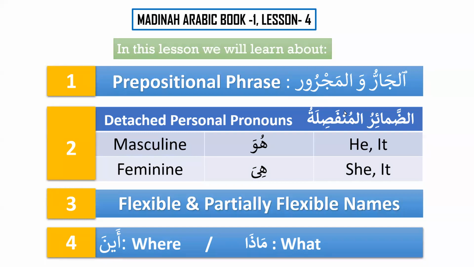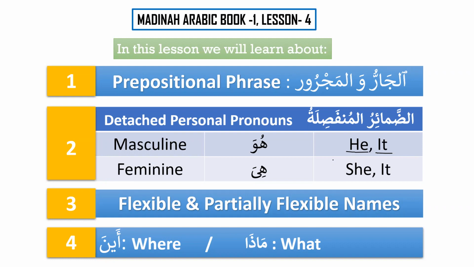Then we will learn about the detached personal pronouns, ad-damairu al-munfasila, which can be masculine, as we can see over here, huwa. And huwa can be translated as he, and also it can be translated as it, because it is used for both. It's used for humans and also aqil and ghayr aqil.